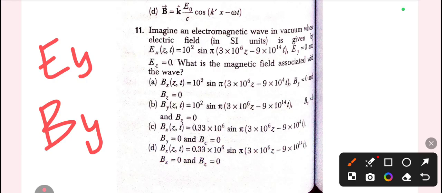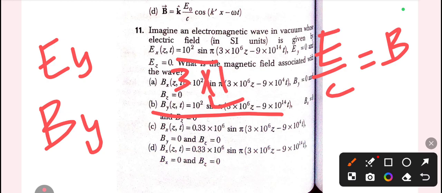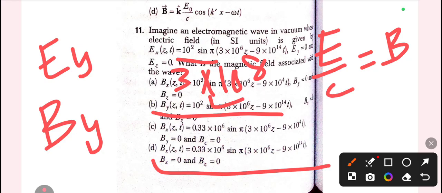Then By. This is the By, and the amplitude is 10 to the power 2, but we have E over C equals B. 10 to the power 2 divided by C, which is 3 into 10 to the power 8. This will give the option D, but here the subscript is written wrongly.